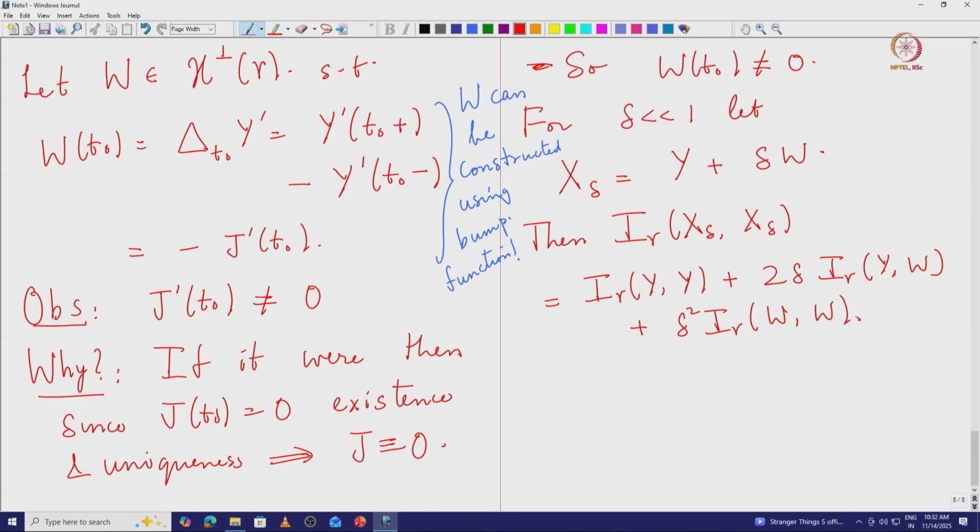But now what is I gamma of y comma y? If you go back to the index formula, remember this is basically the boundary terms. So let me write down the formula completely.